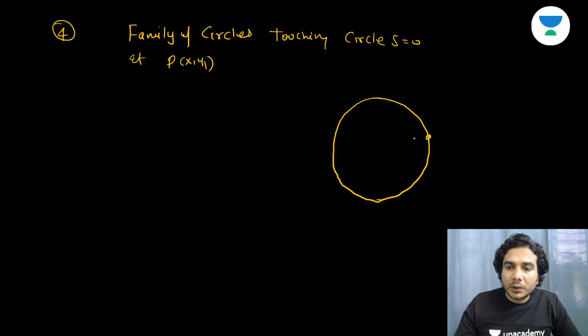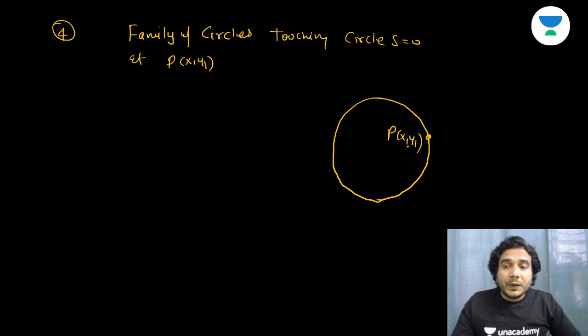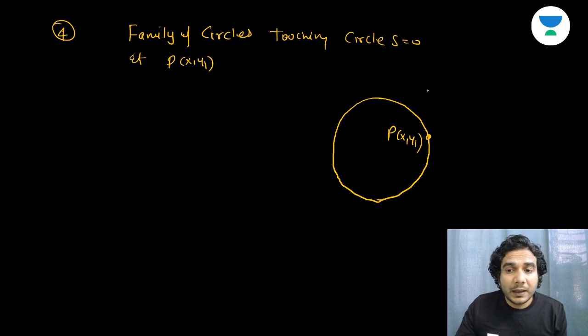Say this is the point P, x1, y1. Now the equation of the circle is given, but we don't know the equation of the line which is passing through this point, I mean, which is touching the circle. If we get that line, the tangent at point P, then we can use S + λL and write the family of circles.